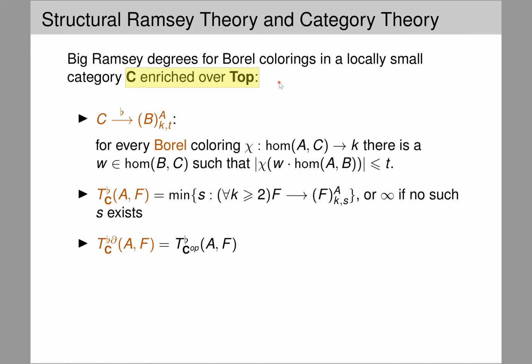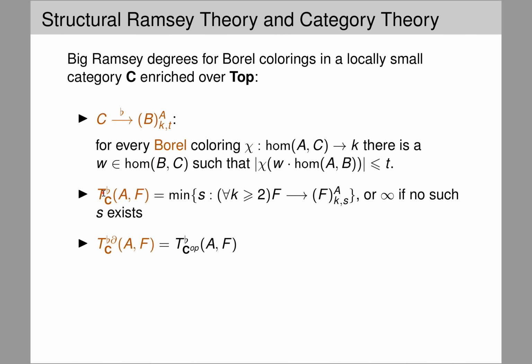That's it. And in this setting, we can speak about Borel colorings because Hom sets are now topological spaces. So there is a perfectly valid notion of a Borel partition of a set of morphisms. And then we can introduce the big Ramsey degrees and the dual big Ramsey degrees straightforwardly.